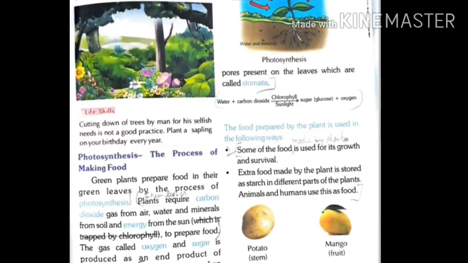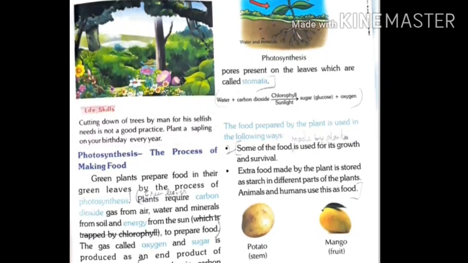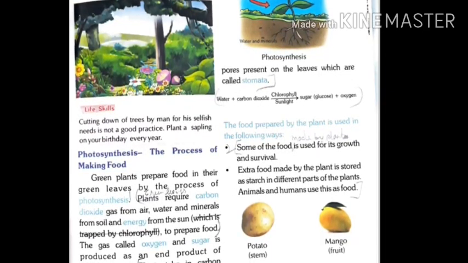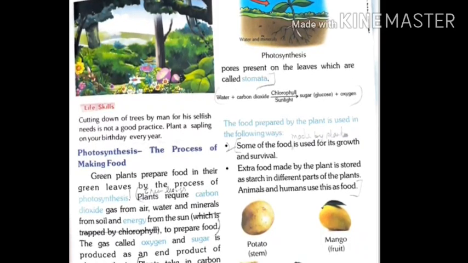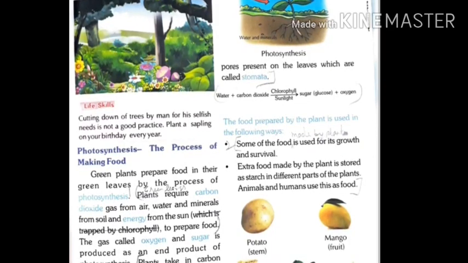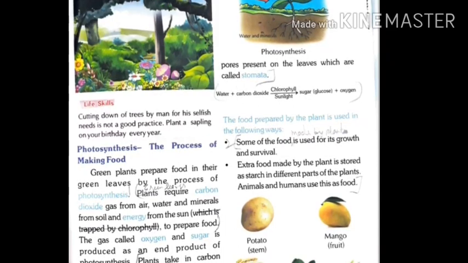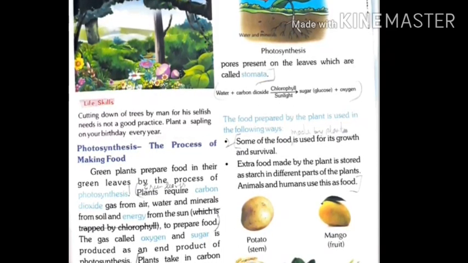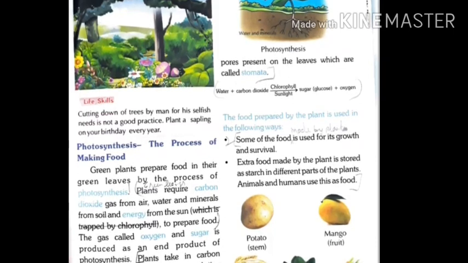Which is trapped by the chlorophyll means where the chlorophyll is present in the plant, the green color shows the presence of chlorophyll. The sunlight is trapped by the chlorophyll to prepare the food. The gas called oxygen and sugar is produced as an end product of photosynthesis.